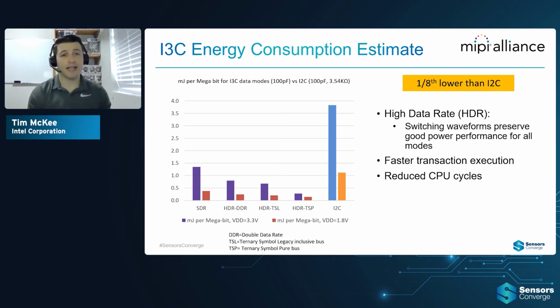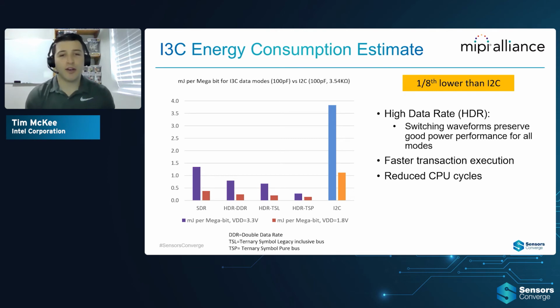So if we actually look at energy consumption, the data and the graph here can really show it all. I'll explain this graph real quickly. On the right side of the graph, you can see legacy I2C. I2C was the base of I3C, and we had to make sure we improved on it. So on the far left side of the graph, you see SDR, which is our standard data rate, and the millijoules per megabit there, already doing great to be more efficient than our legacy I2C.